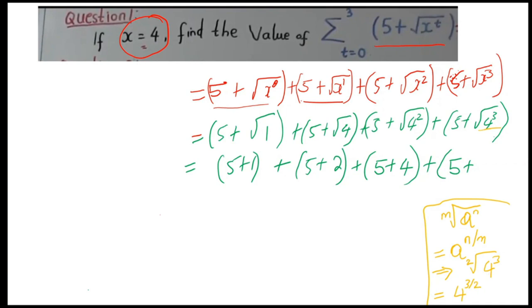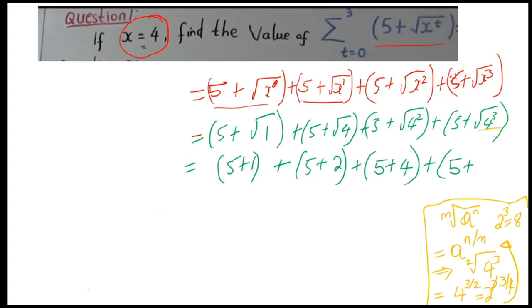We know that 4 can be written as a base of 2. So 4 as a base of 2 is equal to 2 to the power 2 multiplied by 3 over 2. So this will divide, this will divide. So this is going to be equal to 2 to the power 3, and 2 to the power 3 is equal to 8.